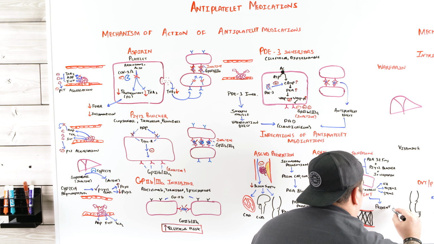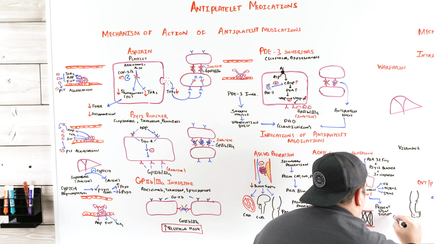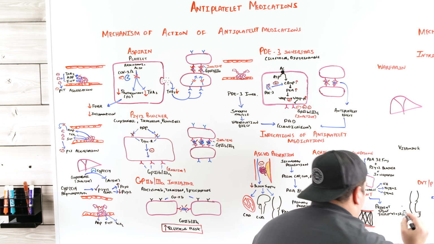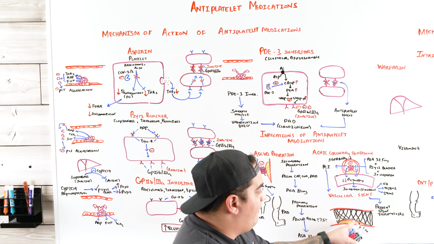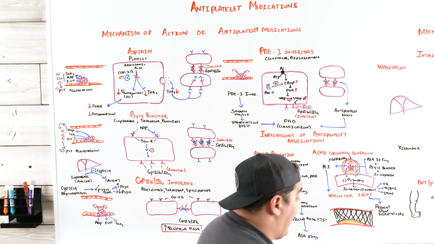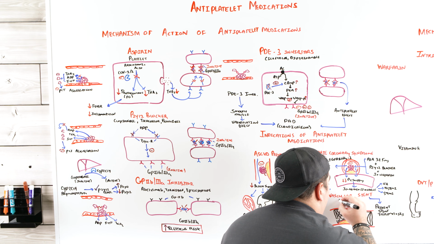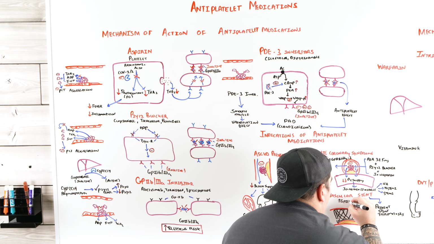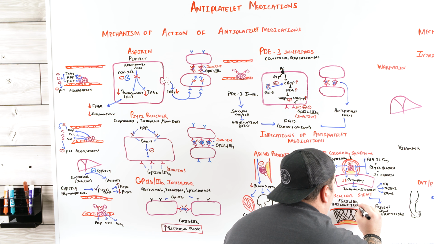I want to keep this thing patent, baby. So how do I do such a thing? Well, again, if you're in the actual interventional suite, this may be when you add on that GP IIb/IIIa. And I just want to write it here. It's primarily as a bailout therapy.